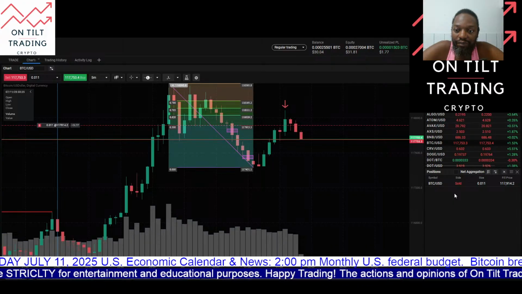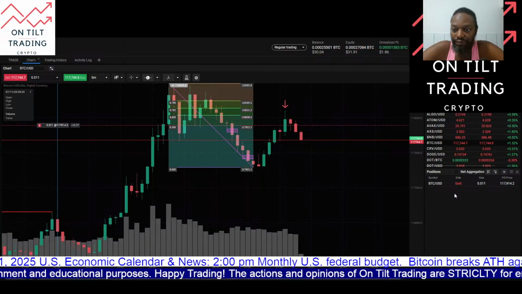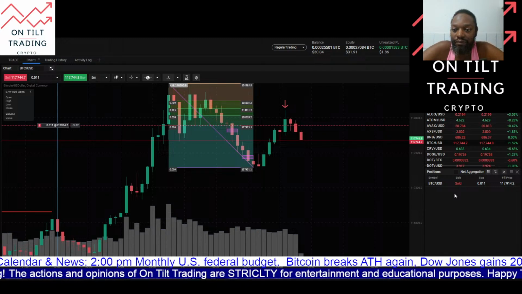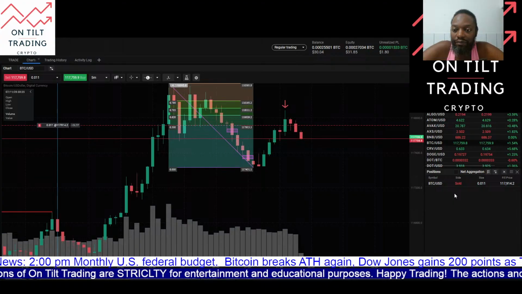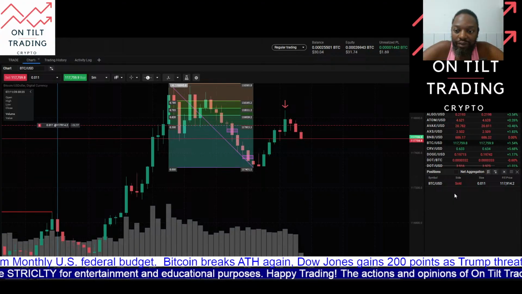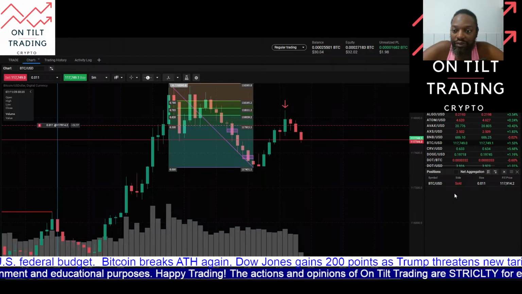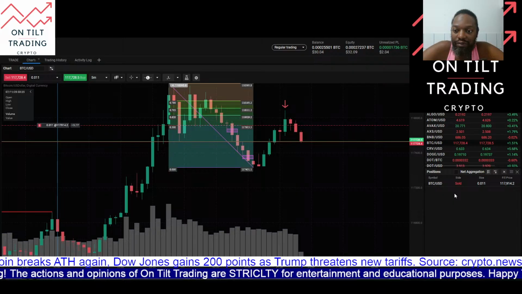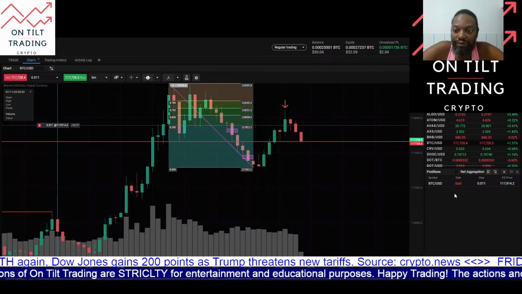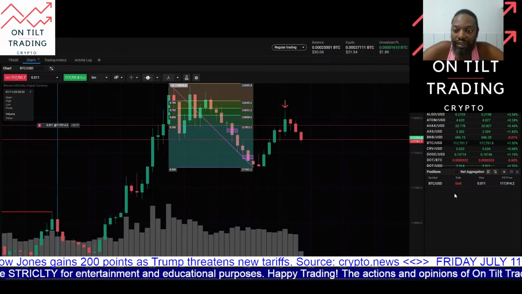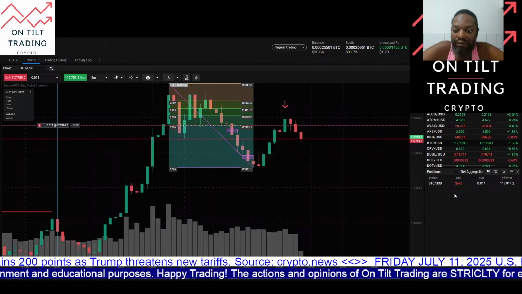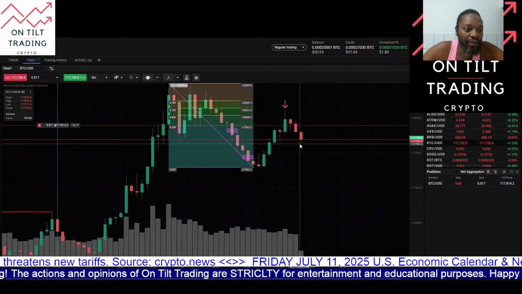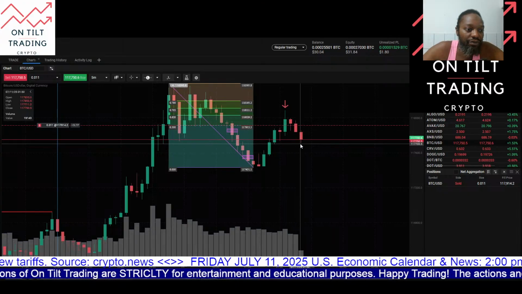More sell side delivery with speed. Price consolidating here. And sell side delivery with speed. 117,720. Consolidating, 117,750. Looks like price had a reaction down here near the 117,700 level.